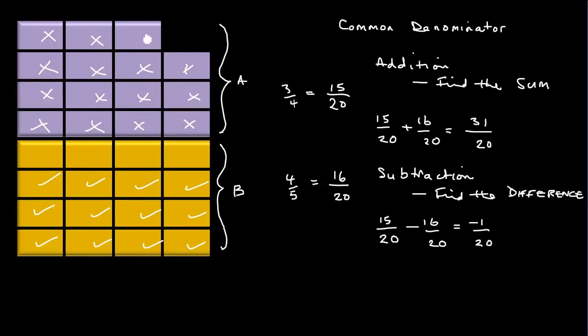We are now down to 0 of our little tiles here, of our 20ths. But he's only been able to tick off 3 of them, so he says you still owe me 1 tile, which means we have to record that we now have not just 0 but -1 tile.